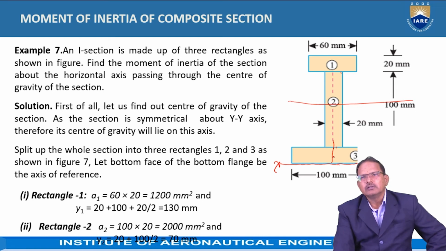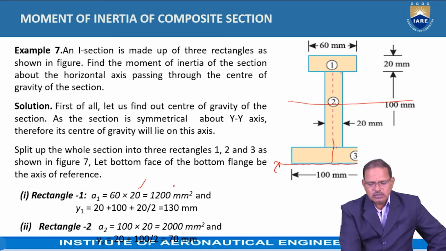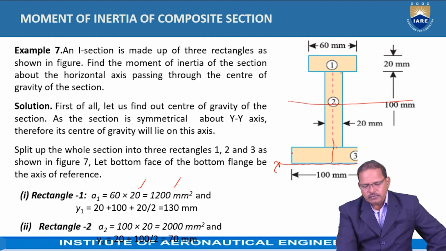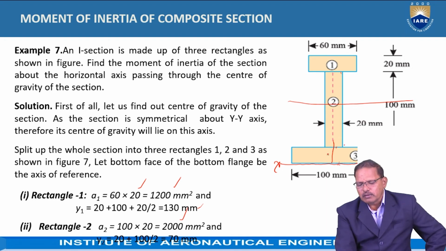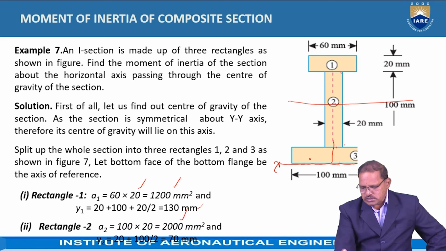And a1 is equal to 60 into 20, which is 1200 mm square. y1 is equal to 20 plus 100 plus 20 by 2, which is equal to 130 mm. For the second one, that is 100 into 20, a2 is 2000 mm square. y2 is equal to 20 plus 100 by 2, that is 20 plus 50, equal to 70 mm.